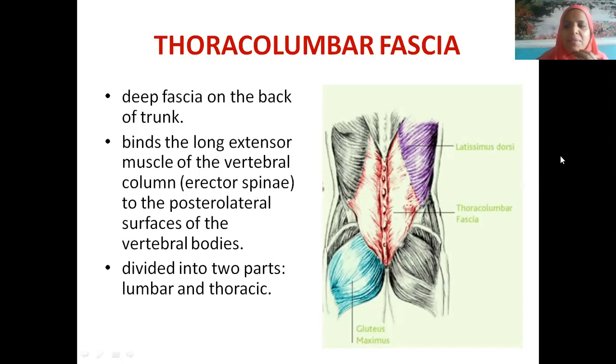How many layers did we see? 3 layers, isn't it? Anterior layer, middle layer and posterior layer. That means the thoracolumbar fascia will split to enclose certain muscles. It is a deep fascia which is binding the long extensor muscles of the vertebral column.